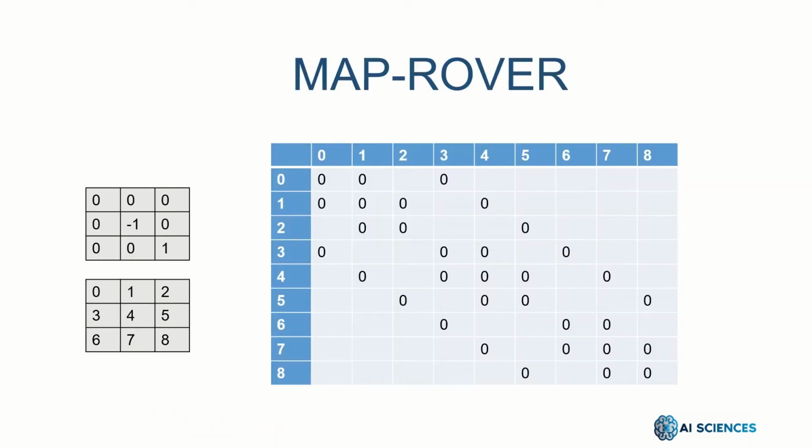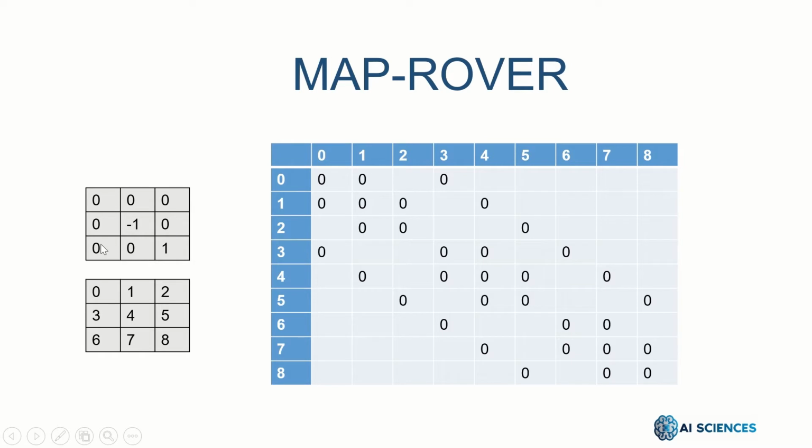So just as a recap, consider, for example, a map rover agent that has to walk through this grid world where you have state 0, state 1, state 2, 3, 4, 5, 6, 7, 8. These are the states of the grid. If you are in state 0, then you have reward 0.